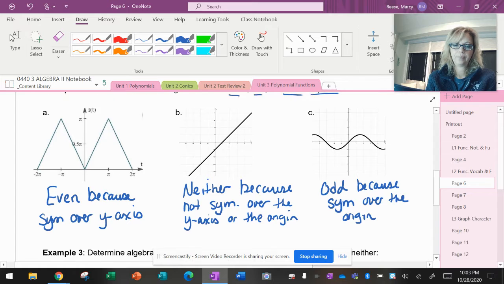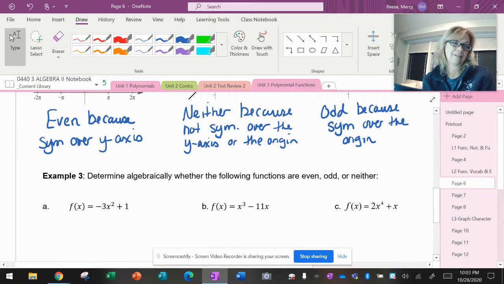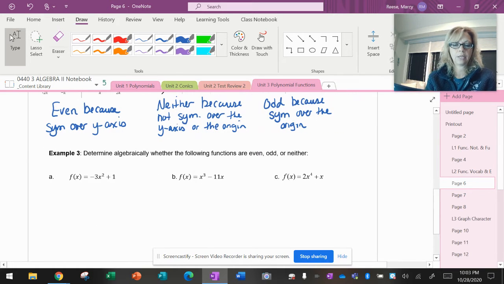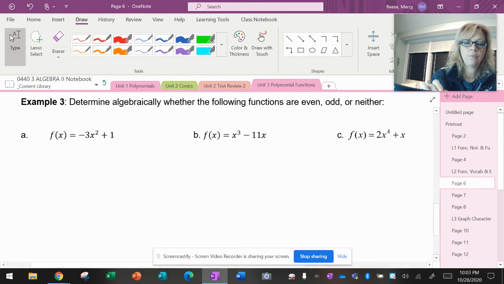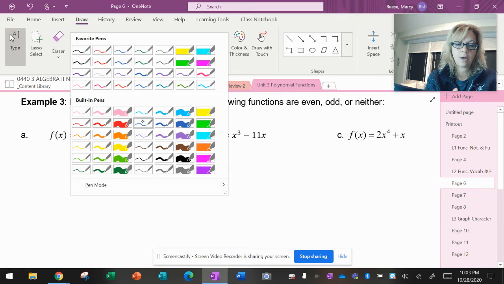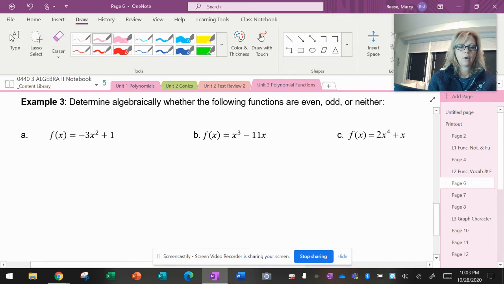All right, I think that's not terrible. I think where you really have to pay attention is when we do it algebraically. You really have to be careful with these, okay? You have to really focus. So I'm going to determine algebraically if it's even, odd, or neither.